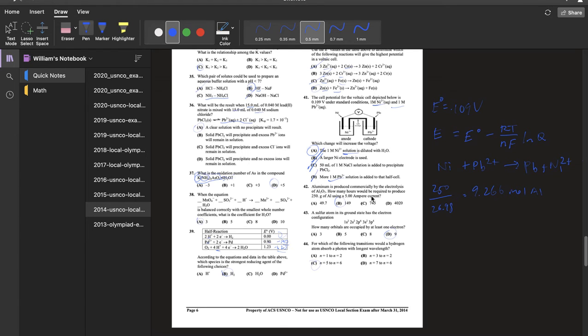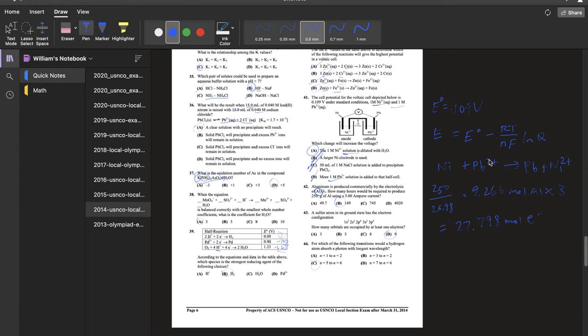And how many hours? Okay. So we know that aluminum has a +3 charge in Al2O3. So if we multiply this by 3, which is the ratio of moles of electrons to moles of aluminum, then we get 27.798 moles of electrons involved.